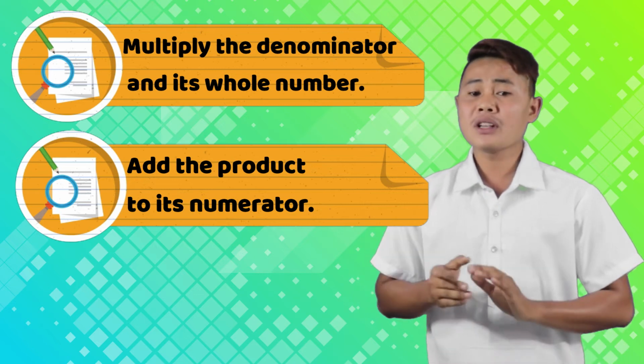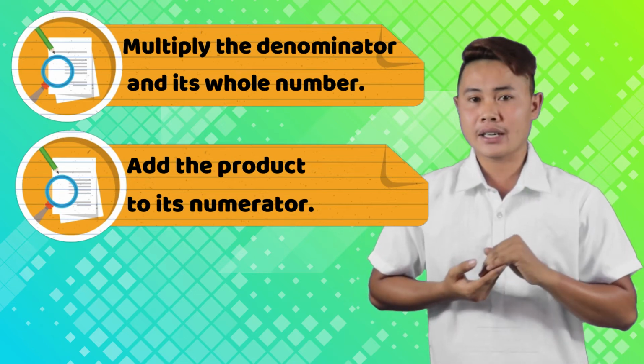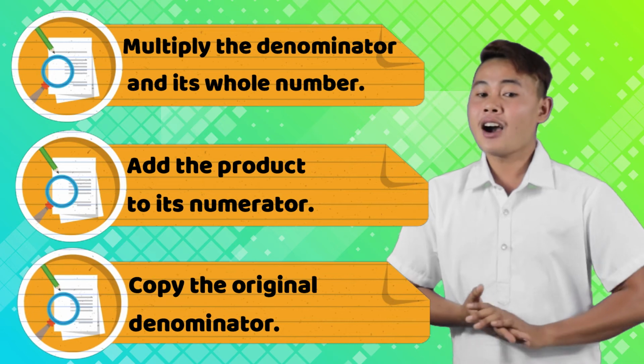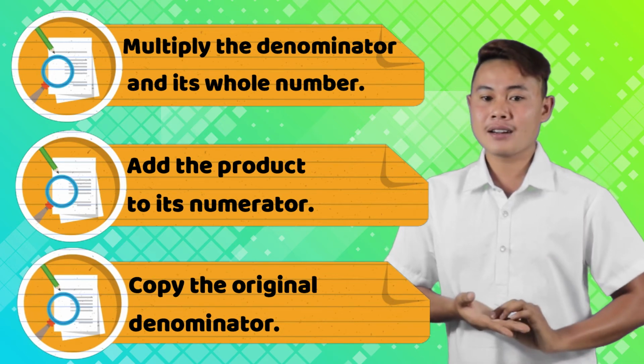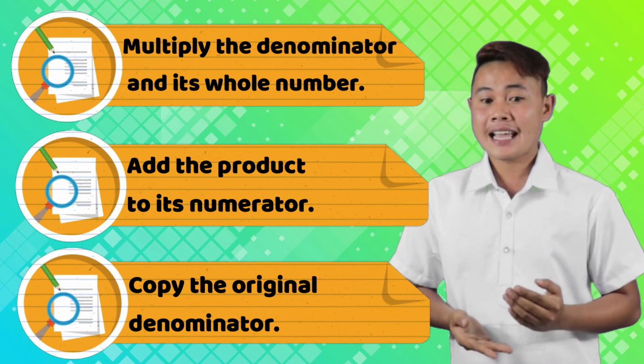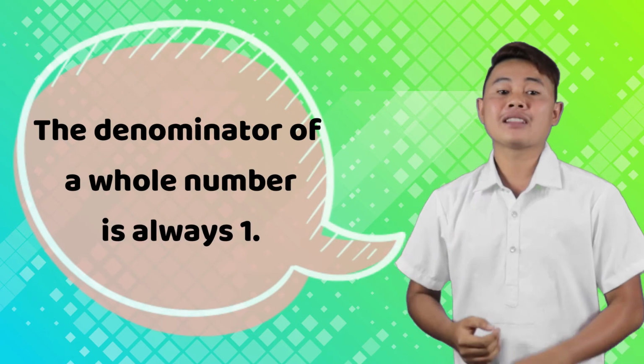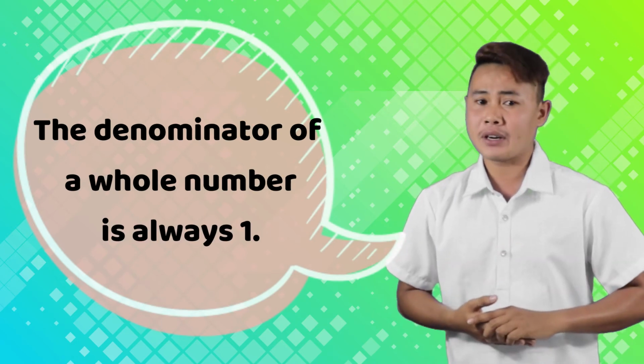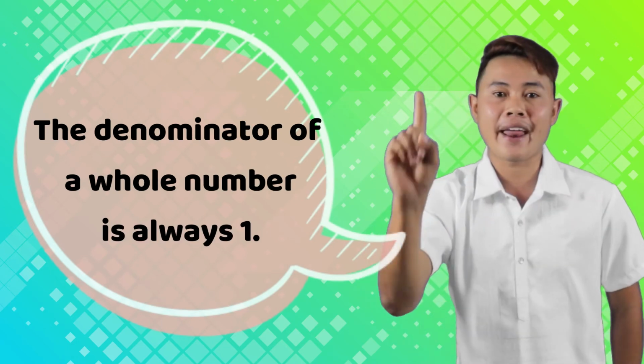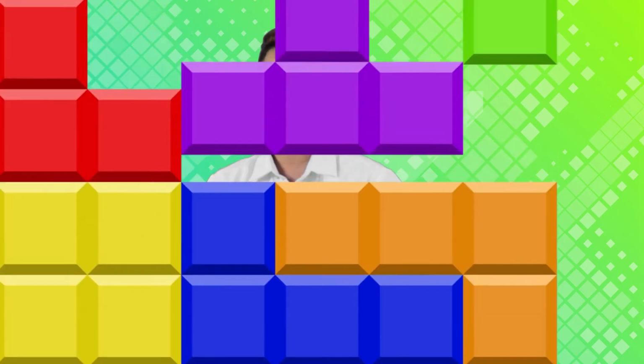The answer will serve as the new numerator. Next, copy the original denominator and write it as the new denominator of the new numerator. Always bear in mind that the denominator of whole numbers is always 1. That is the process on how to change mixed fraction into improper fraction.